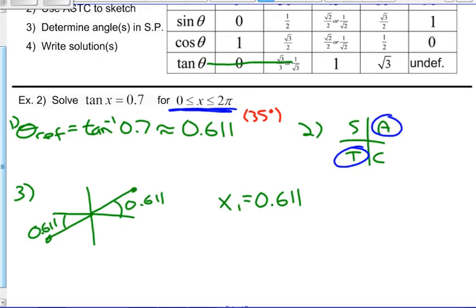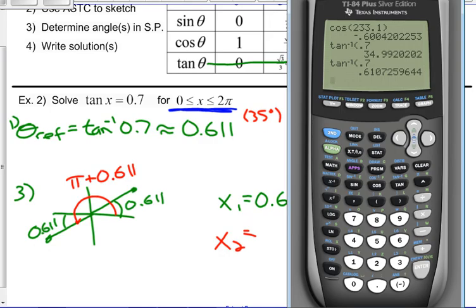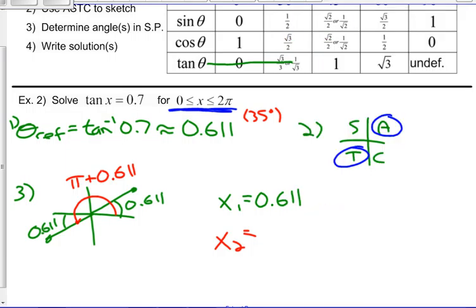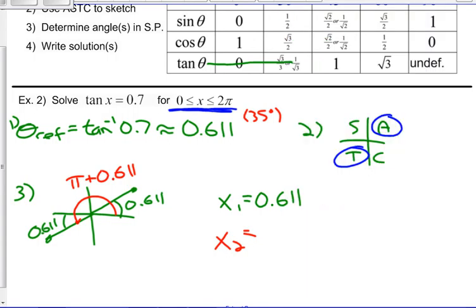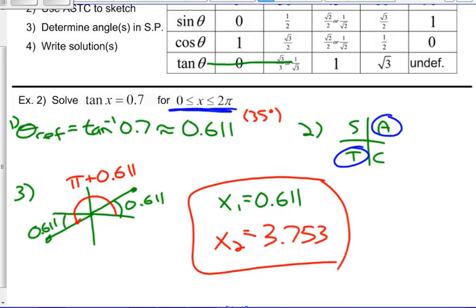The next one is pi plus 0.611. And we're going to need an approximate value for this. So pi plus 0.611 gives us 3.753. Okay, there we are in radians.